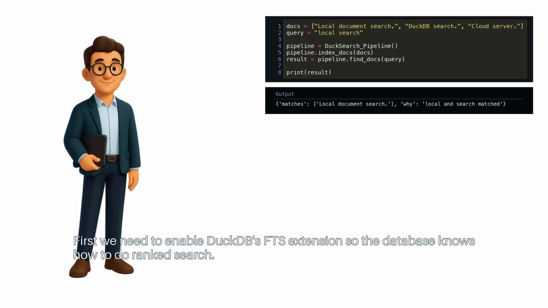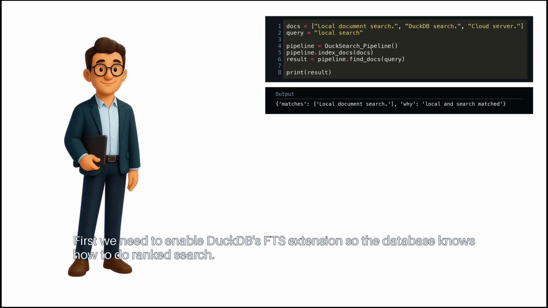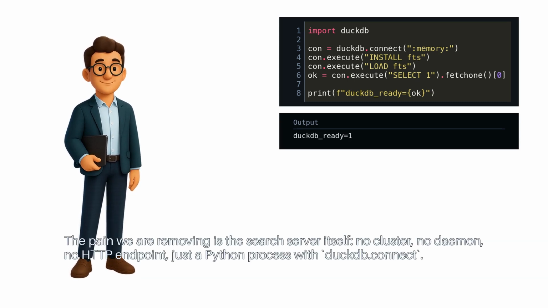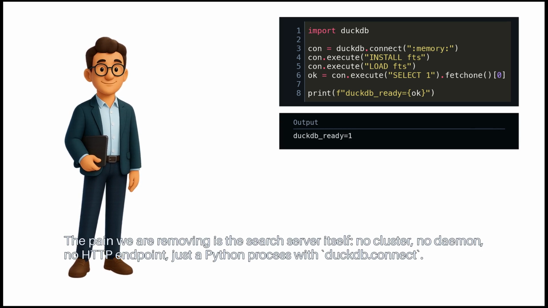First, we need to enable DuckDB's FTS extension, so the database knows how to do ranked search. This snippet opens a local DuckDB connection and loads full-text search support. The pain we are removing is the search server itself.